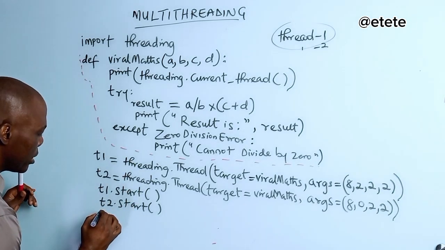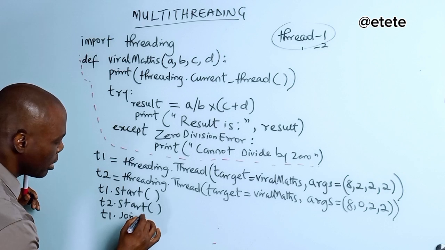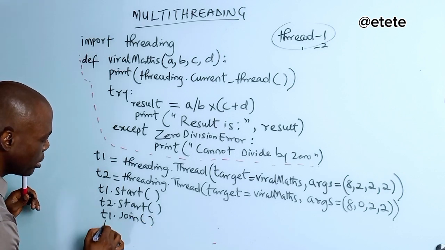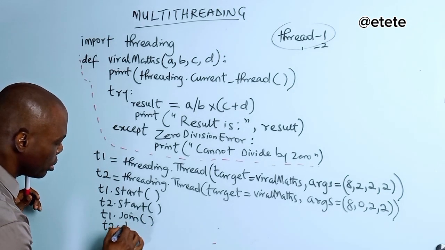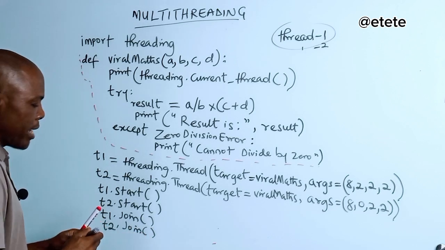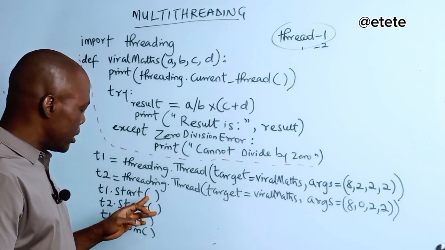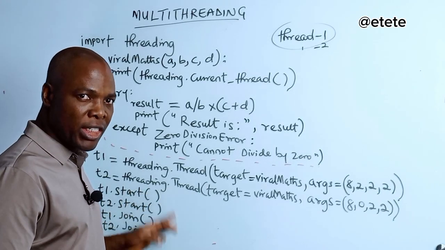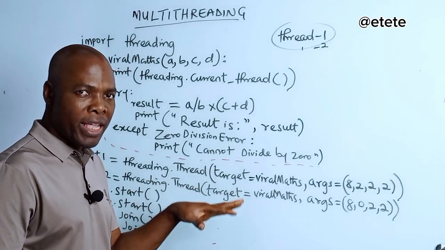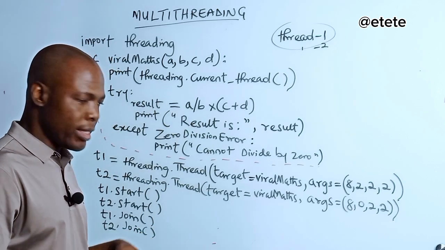I'm going to say T1.join, I'm calling the join method, and T2.join. By calling this join method, thread 1 and thread 2 will have to perform their task before the main thread will exit this task.